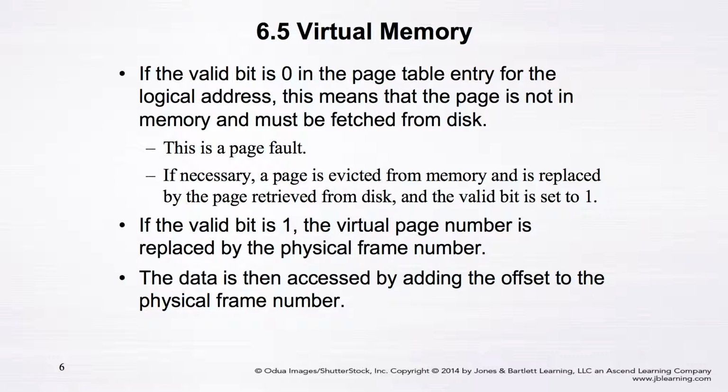On the other hand, if the valid bit equals 1, the virtual page number is replaced by the physical frame number, and the data can then be accessed by adding the offset to the physical frame number.